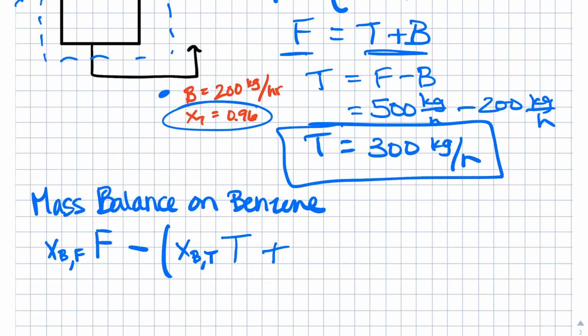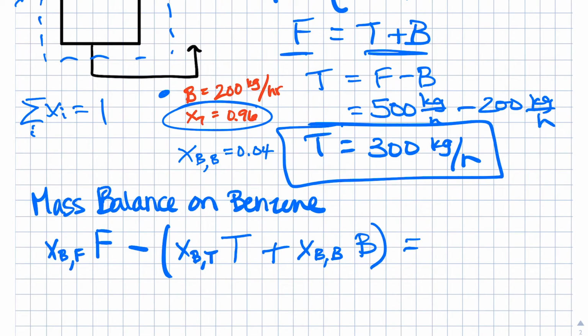Here we were given XT, but if you remember, the sum of all the mass fractions of the components in a stream is equal to 1. So I know that it's 0.96 of toluene, which must mean that XBB in the bottom stream is equal to 0.04. So I actually know XBB, we just found it, and I can multiply it by B, and it's at steady state, so it just equals 0.